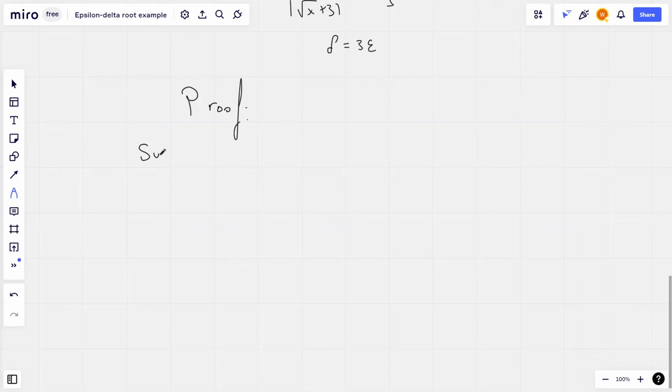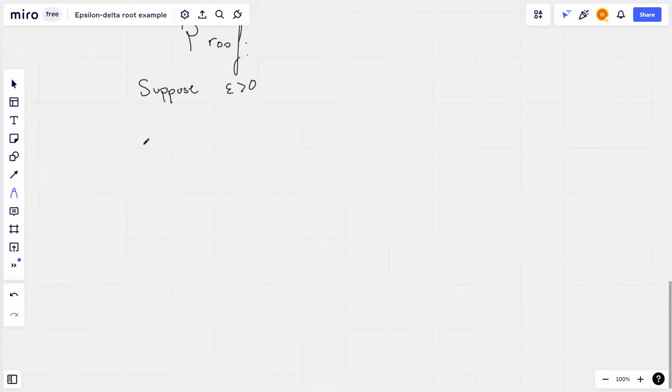Proof. Suppose epsilon is greater than 0. Now, say that the modulus of x minus 9 is less than 3 epsilon.